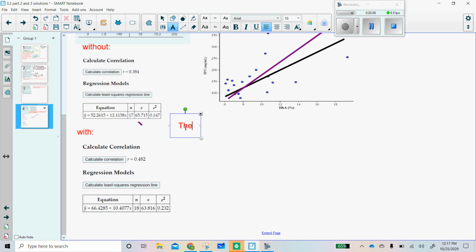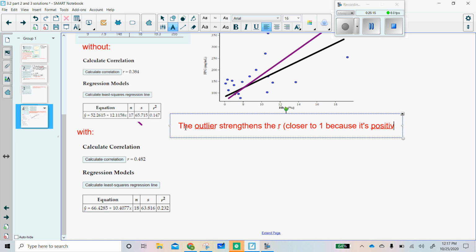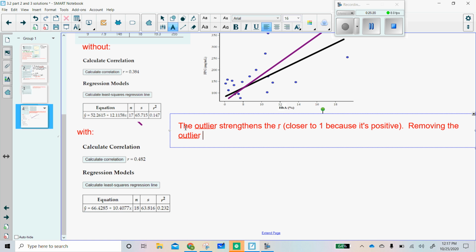So the outlier strengthens the R, which makes it closer to 1. This is positive. Removing the outlier increases the slope and decreases the y-intercept. All right, and there's our proof that it actually happened.